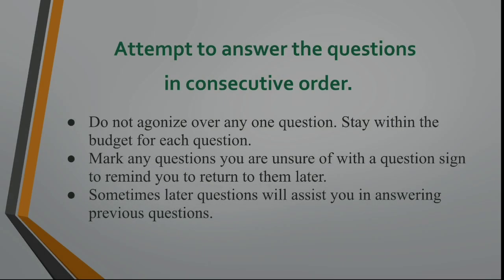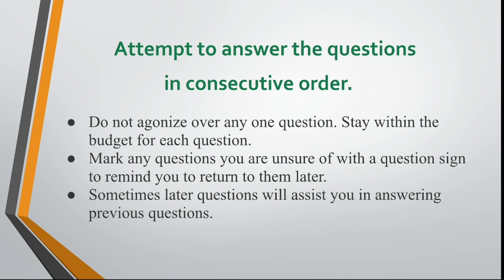The next strategy would involve attempting to answer the questions in consecutive order. So do not agonize over any one question. You want to try to ensure that you stay within the time budget that you would have allocated for each question. You can also mark any questions that you are unsure of with a question mark or an asterisk or a full stop to remind you to return to that question later.